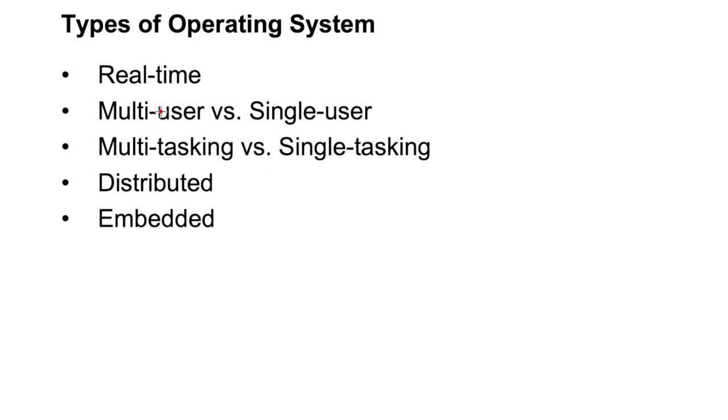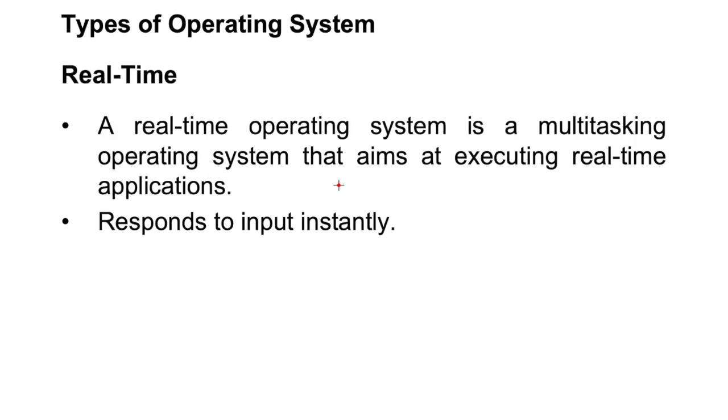The real-time operating system, the multi-user versus single-user operating system, multitasking or single-tasking operating system, distributed or embedded operating systems. A real-time operating system is a multitasking operating system that aims at executing real-time applications and responds to input instantly.